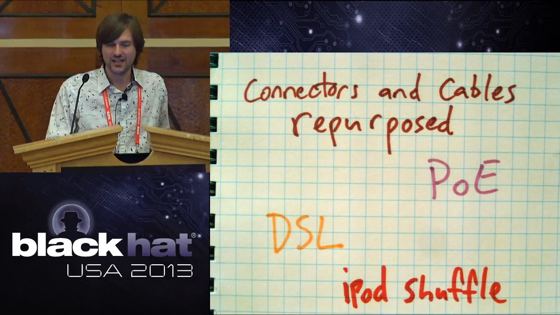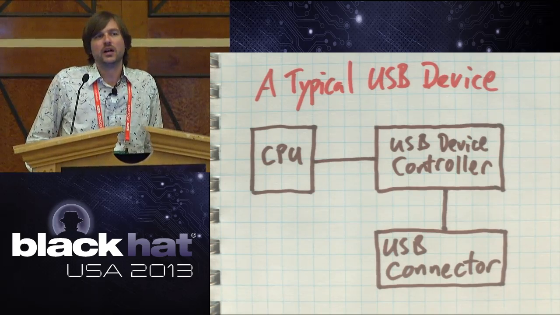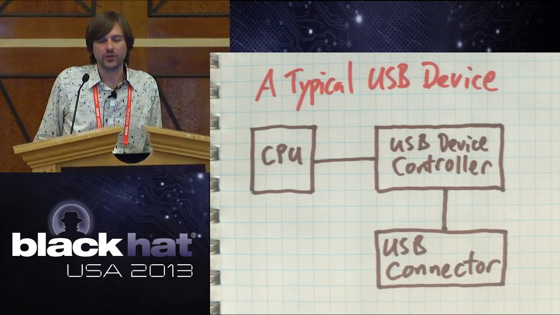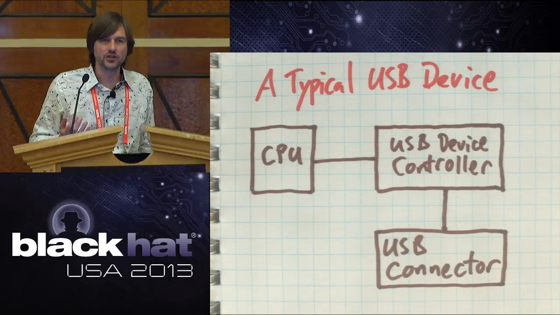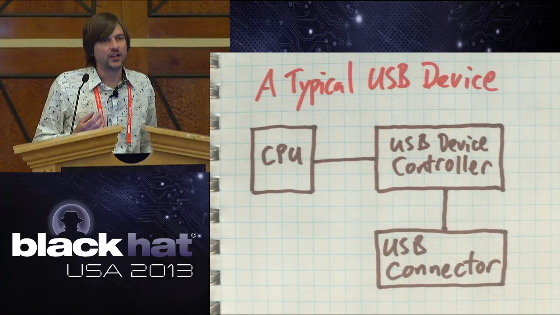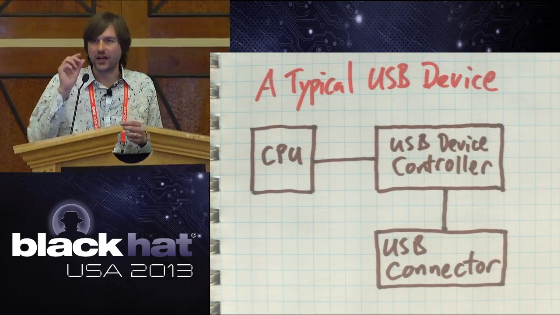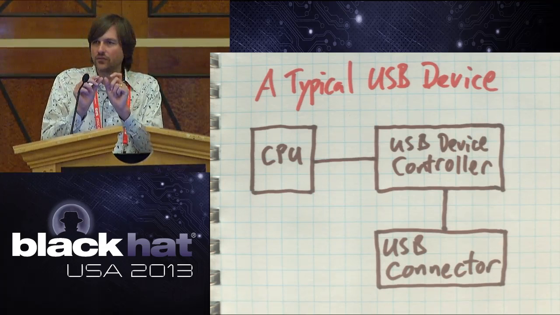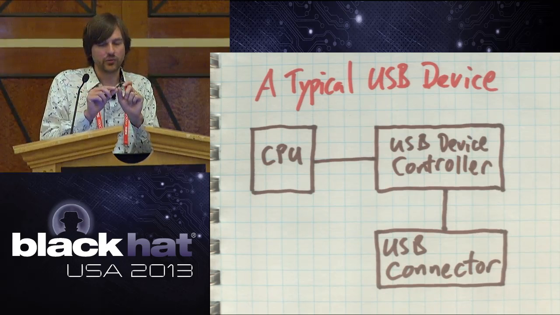All right. So a typical USB device, and USB is what we've been focusing on primarily with this work, has something called a USB device controller. It's an integrated circuit that actually runs the USB connection. You'll have a connector on a device, and then a USB device controller attached to the connector with a few traces on the printed circuit board.